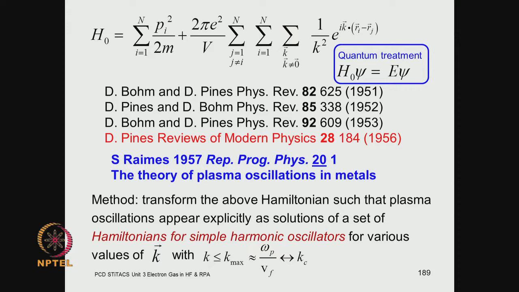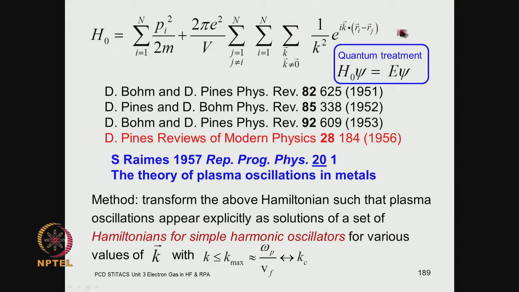And we saw that in the classical model, we ended up with an equation of motion for the simple harmonic oscillator for the collective excitations of the electron gas. So, intuitively we expect that the quantum model will lead us to a Hamiltonian for a linear harmonic oscillator, and we are well conversant with the Hamiltonian for a simple harmonic oscillator in quantum theory. It is one of the first problems one does in the first course in quantum mechanics.